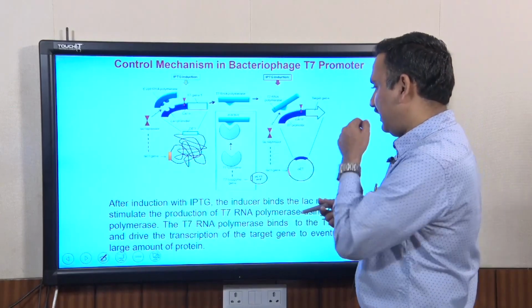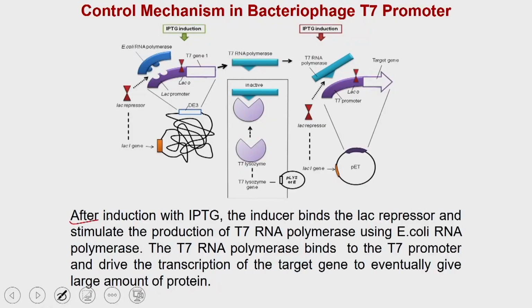what we are trying to say is, once you do the induction with IPTG, the inducer is going to bind to the lac repressor and stimulate the production of T7 RNA polymerase using the E. coli RNA polymerase.